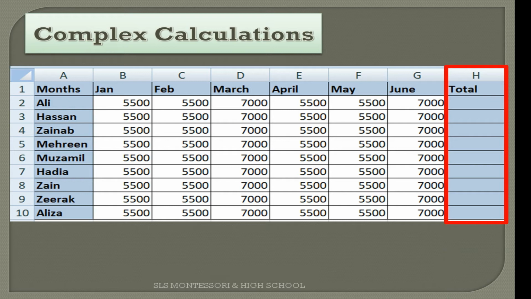Let's talk about another example. You people often go to marts or malls to buy grocery. They maintain their record on spreadsheet because it is difficult to maintain it manually as well. So it is difficult to calculate the total of each student manually on your books. So spreadsheets help us to do it automatically.